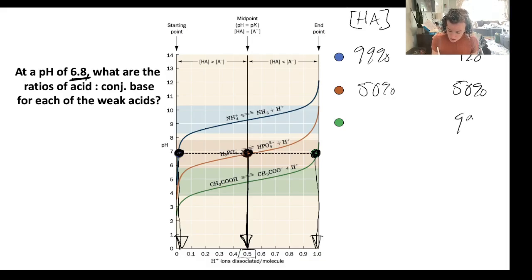So we're at about 99% dissociated or conjugate base form, and only about 1% left in the acid form. Now, you could argue that it's 0% and 100%, and that's fine too. But I'm going to say about 1% hasn't dissociated. So now let's take a moment to kind of think about what has happened.